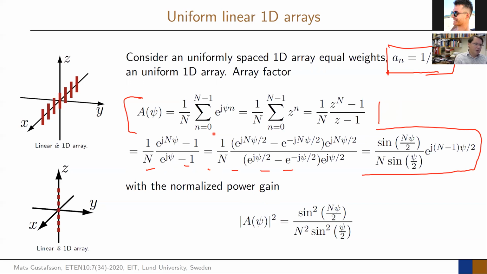So this is now the array factor from an array with N elements where all of them have equal amplitude. And the phase is not interesting for these ones because we want the radiated power. So if we take the absolute value, only this piece exists. So this is the array factor for a uniform array with now radiation in the broadside direction. So all of them have the same phase.